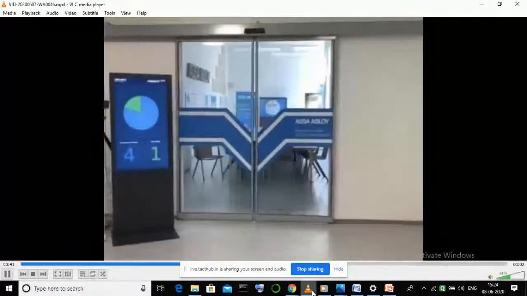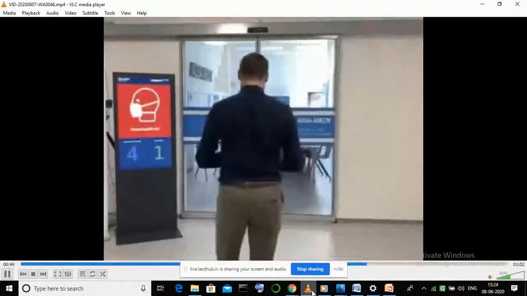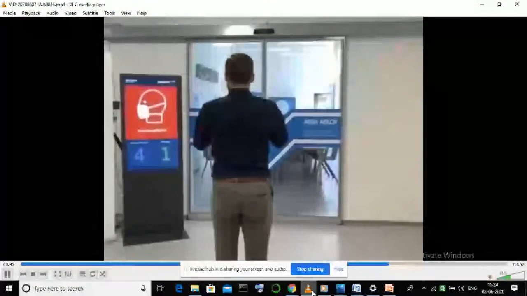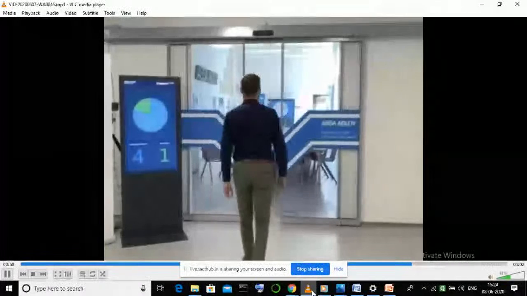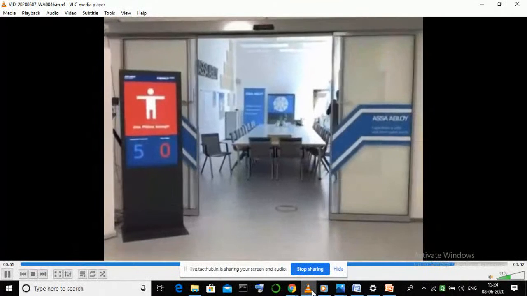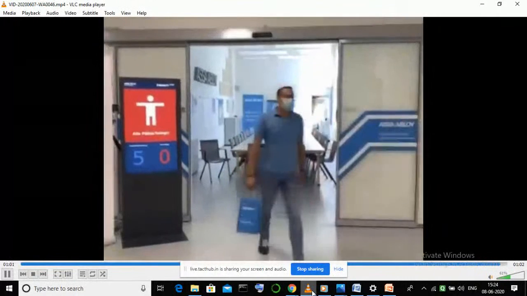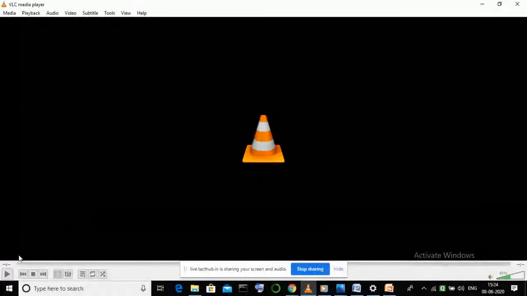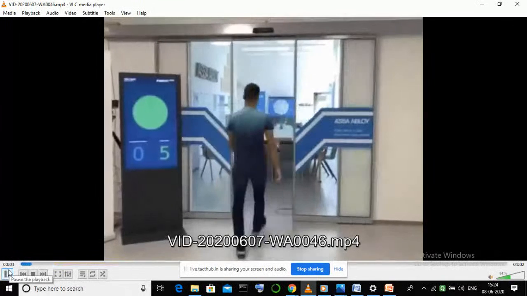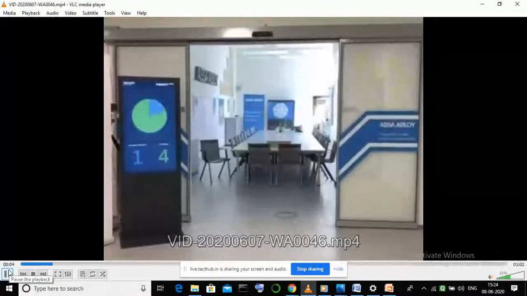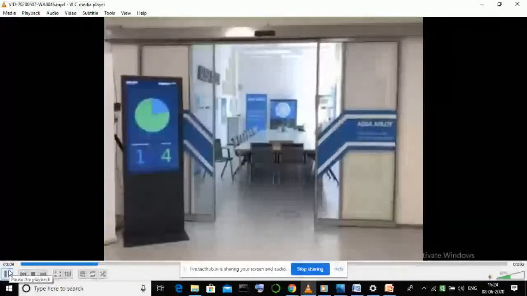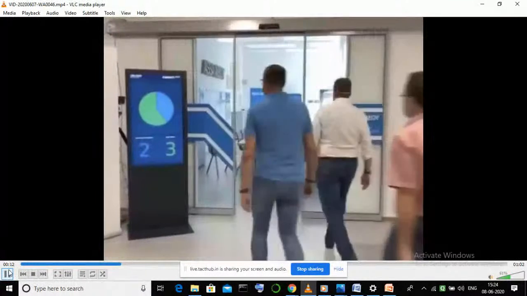In an office, if we restrict entry to 5 people, and if you are not even wearing the mask, it will not allow you. See the counter increments and decrements. Now the counter has reached the limit, so nobody will be allowed unless somebody comes out. Once someone comes out, the counter decreases. Once again, I will play this so that we visualize it till it reaches the 5 count.